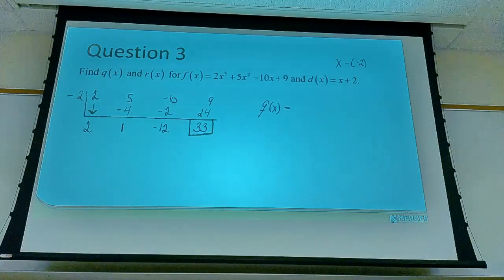How do you get the 25? Negative 12 times negative 2. And then that last number, which is why I boxed it, is your remainder.